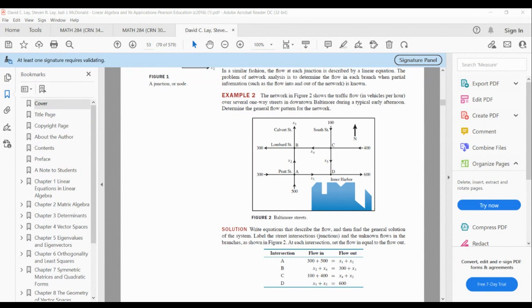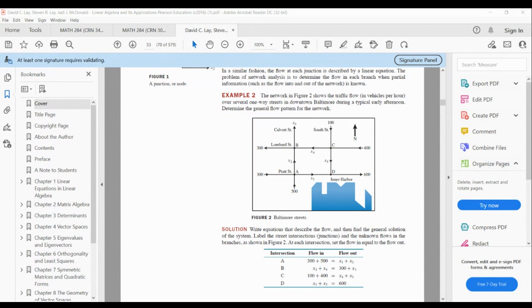So you're basically trying to determine these flow rates. If you read through this example, I want to give you a little time here because we need to move into section 1.7.